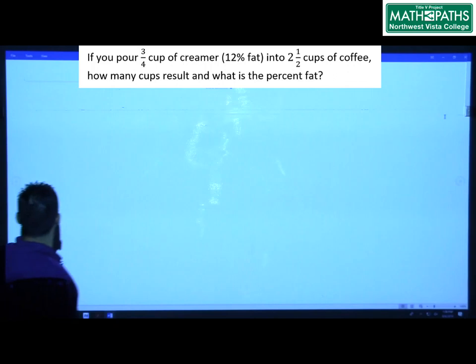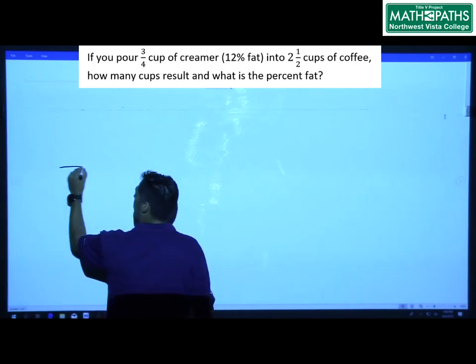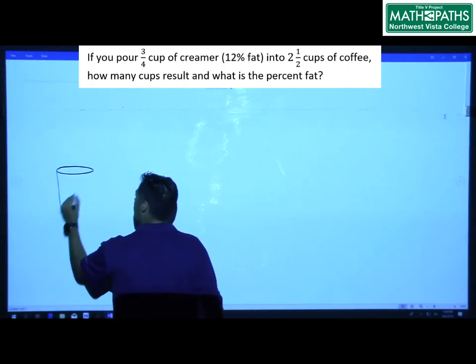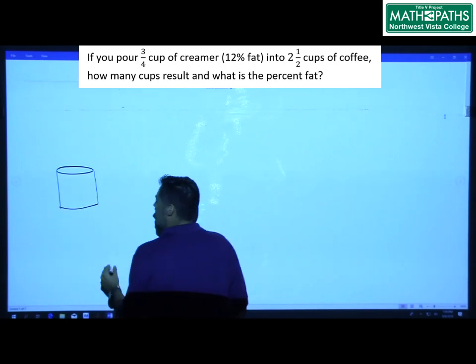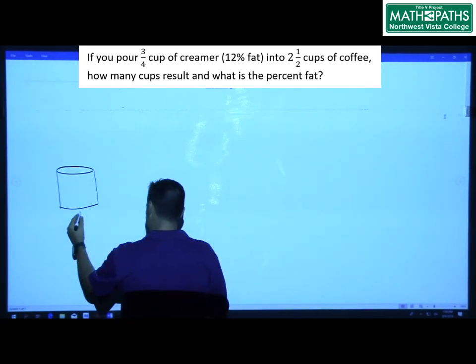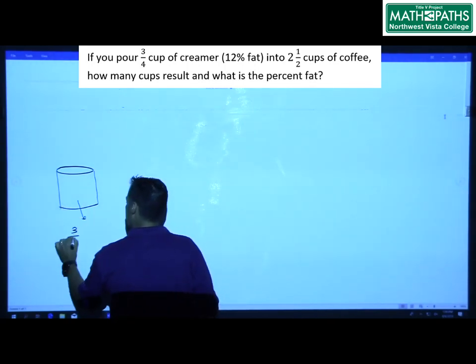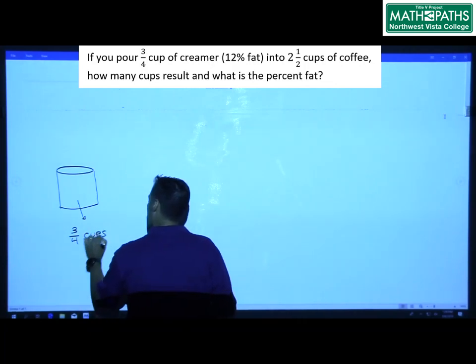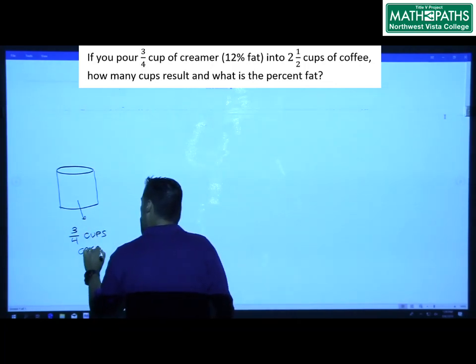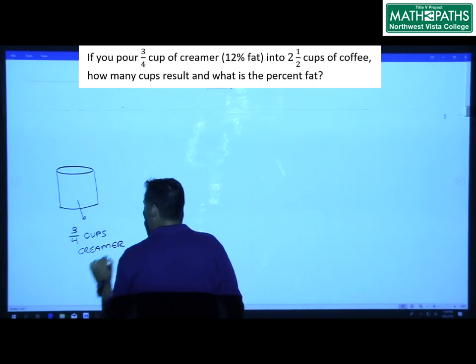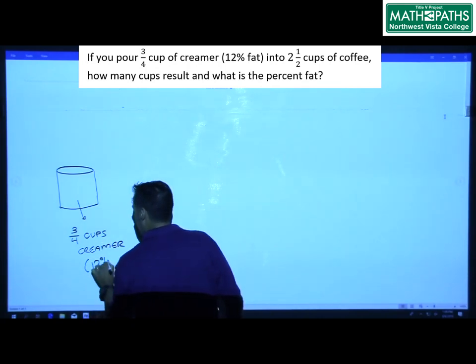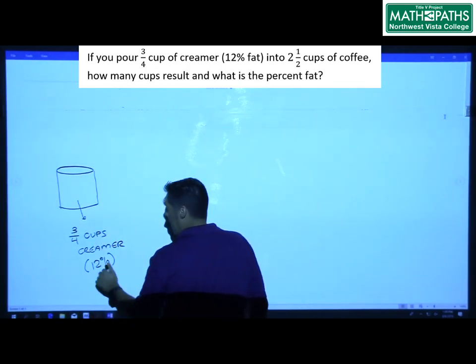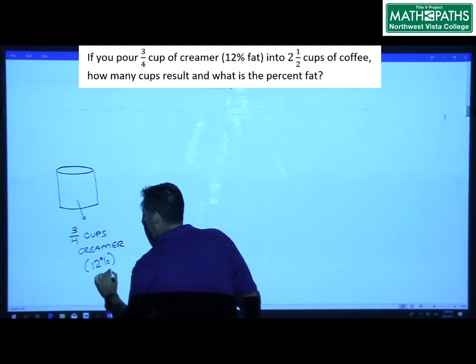All right, so let's start out with, first of all, I'm going to look at this as having 2 containers. We have one container that contains 3/4 cups of creamer, and that has 12% of that 3/4 cups is actually fat. So that's 12% fat right there.